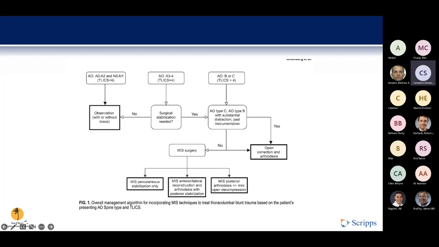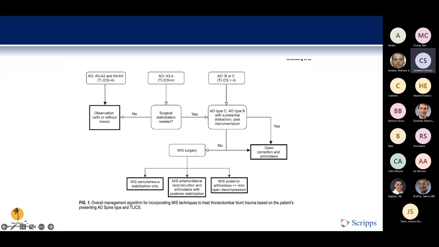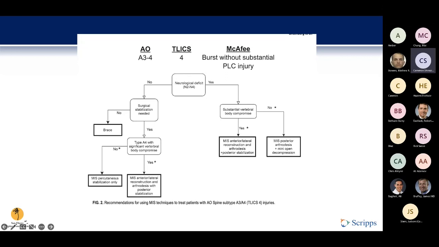If yes, they get bumped up into this category, and then that's when you decide whether you can do MIS versus open, and what you need to take into account: if there's substantial distraction, past instrumentation, or a higher AO type, AO type C or AO type B, then you have to recommend open treatment, but anything else can fall in this MIS treatment category. And then these are their categories here. So now we'll go into those.